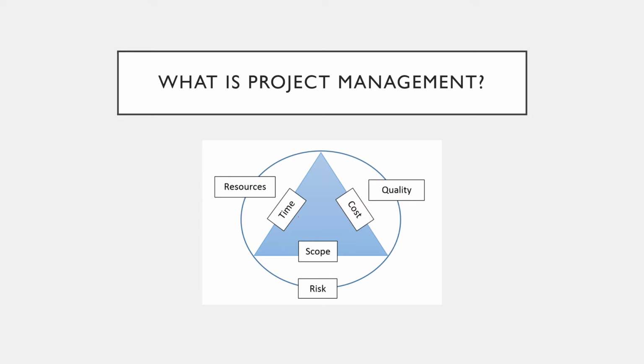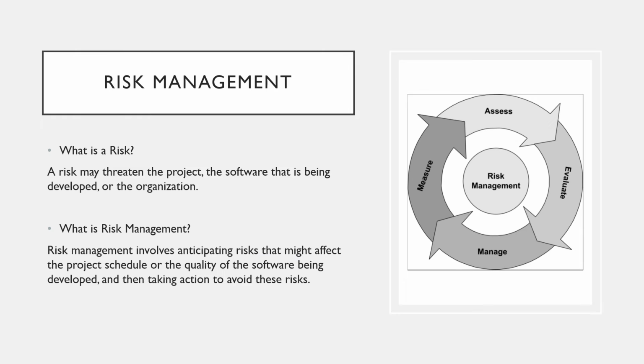The project manager usually has control over the project schedule and the utilization of resources, but other project stakeholders control the other project parameters. Company management will control the project budget or cost and what resources are given to the project. The project's customer will control the project scope and quality goals.